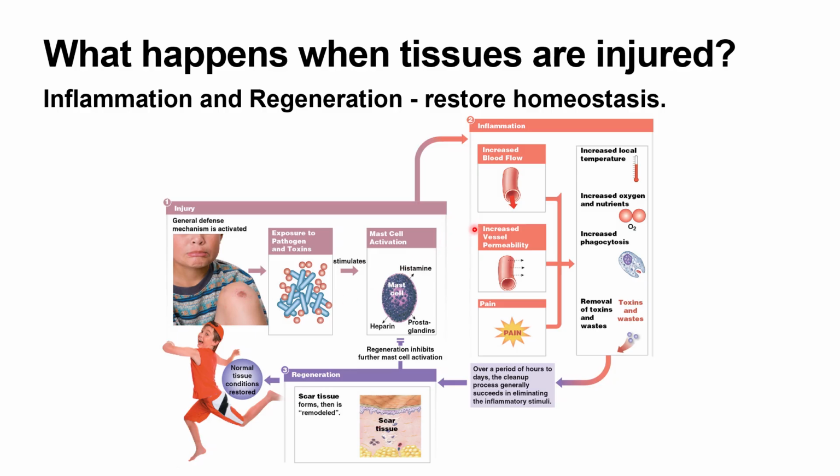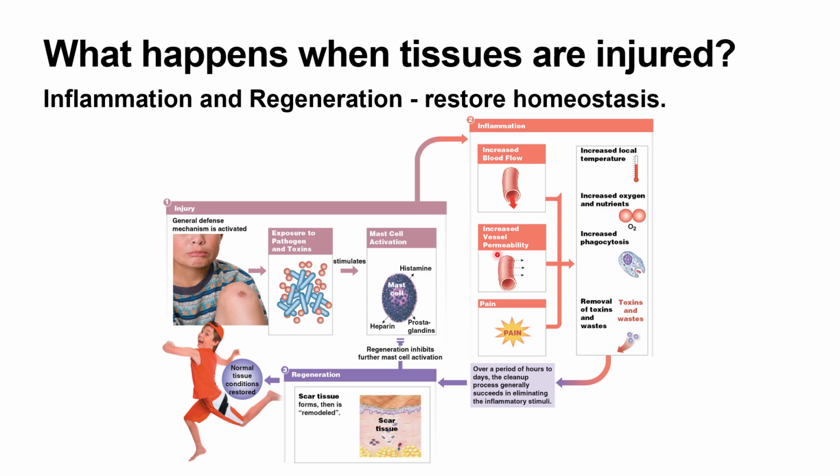What's also going to happen is that the blood vessels in the area are going to become more permeable. This is so that the white blood cells can actually leave those vessels, and then go through phagocytosis and eat up those invading antigens and those invading pathogens.